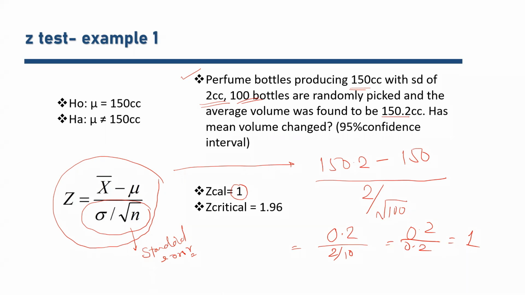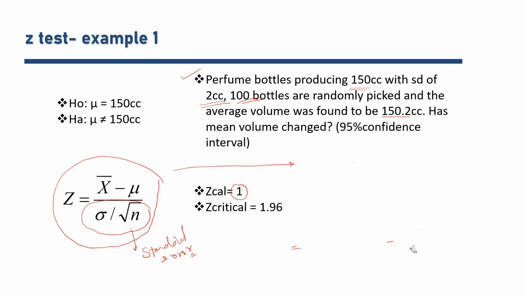Now, if you remember, there was one chart we have all seen, the Z score chart. From the Z score chart, you can find the Z critical value for a 95% confidence interval.